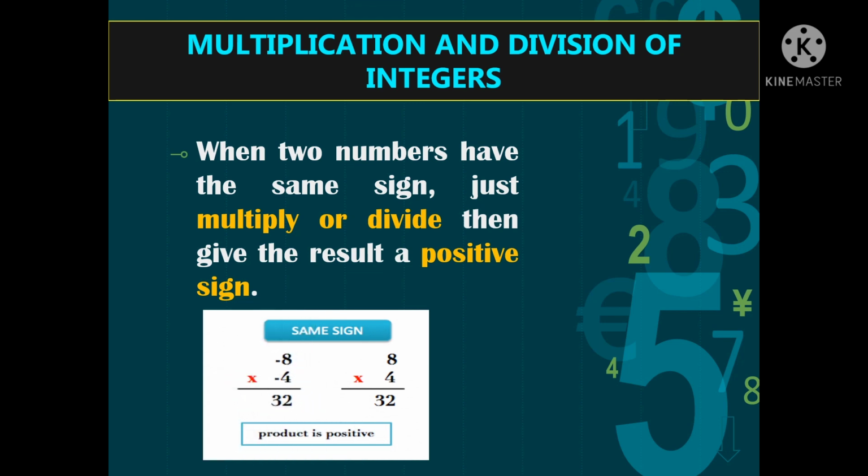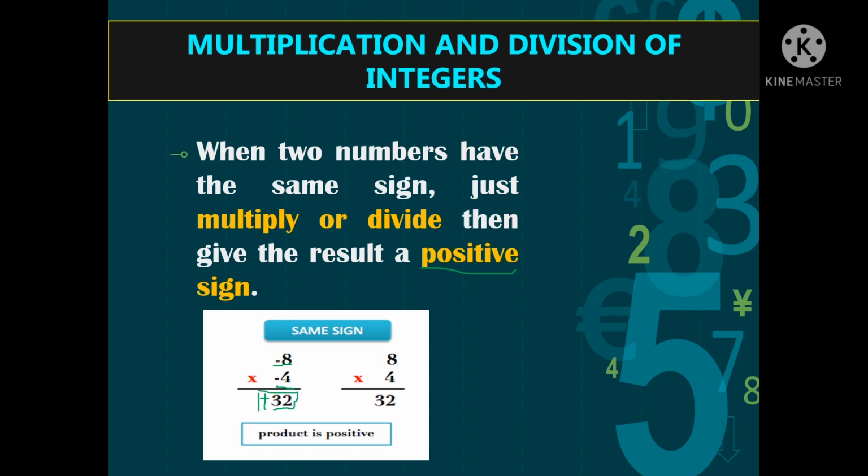So on the first example, we have negative 8 multiplied by negative 4. They have the same sign, which is negative. So we'll just multiply. 8 multiplied by 4 is 32. And we give the result a positive sign. So that's why it is positive 32.